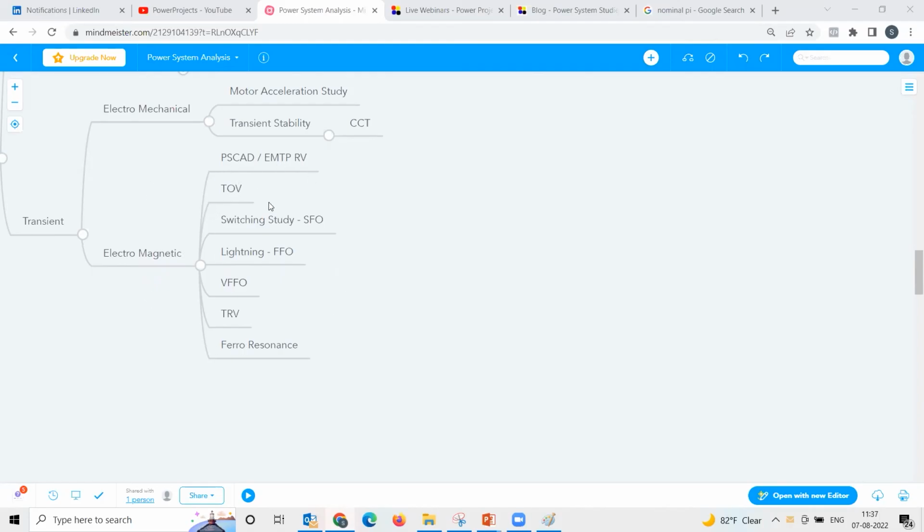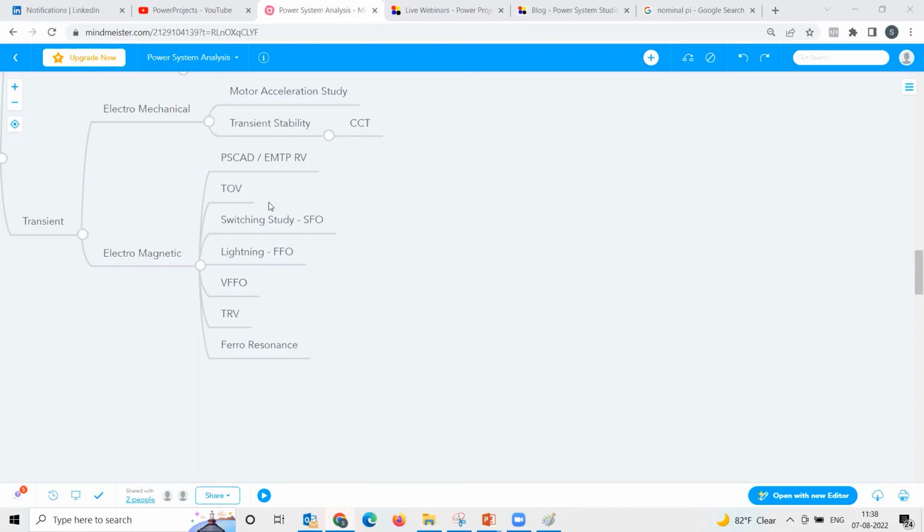Of course, it also performs steady state analysis, because the transient event has to be created on the steady state. And then you can talk about protection, like how numerical relays are manufactured. The discrete Fourier transformation algorithm is probably tested in simulation software like DIgSILENT PowerFactory.